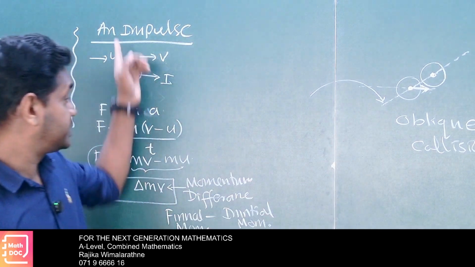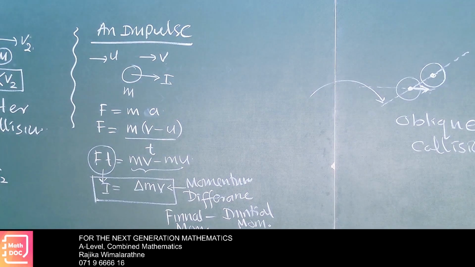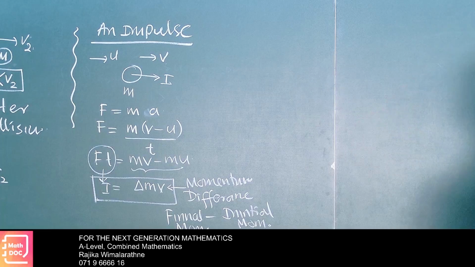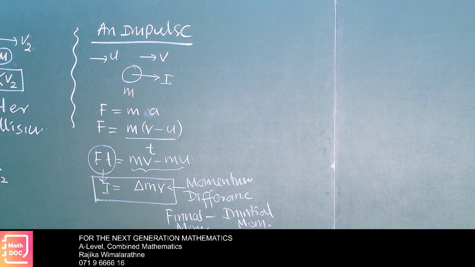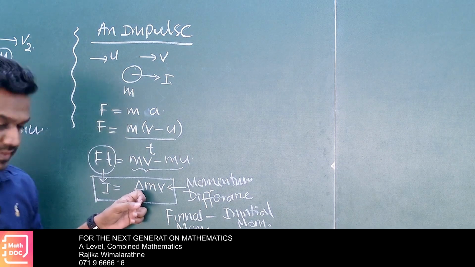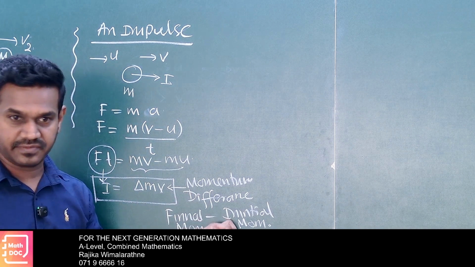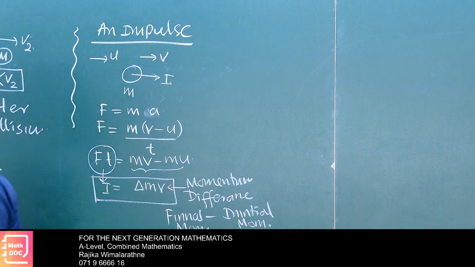Now you sketch this diagram and write this thing. Here I equals delta mv, the momentum difference: final momentum minus initial momentum. Remember that one: final minus initial. Sketch it and write.